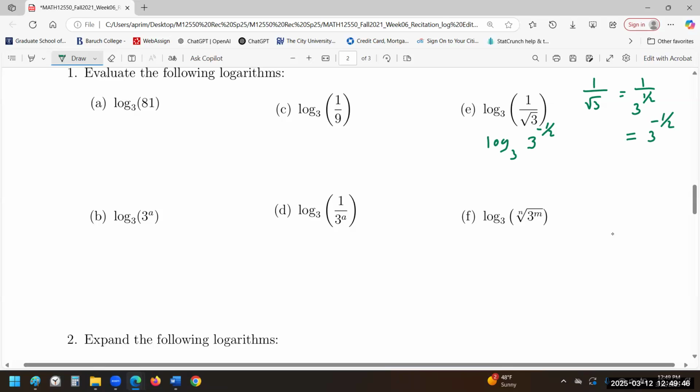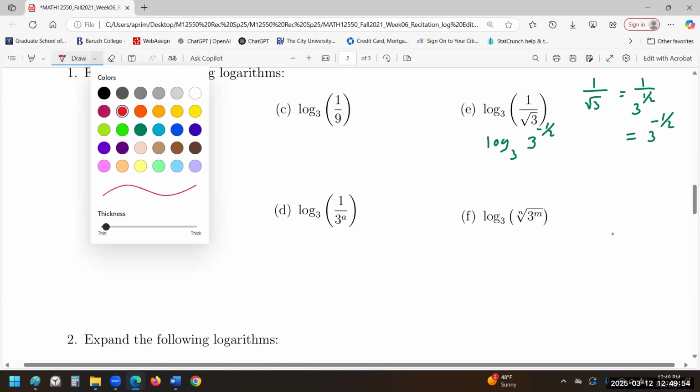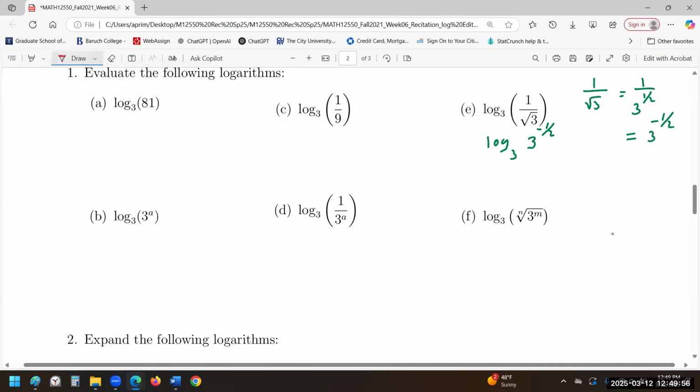Either you can cancel the log base 3 here, or you can do one more step and take the exponent, bring it down as a coefficient, negative 1/2, and then you have log base 3 of the argument 3.